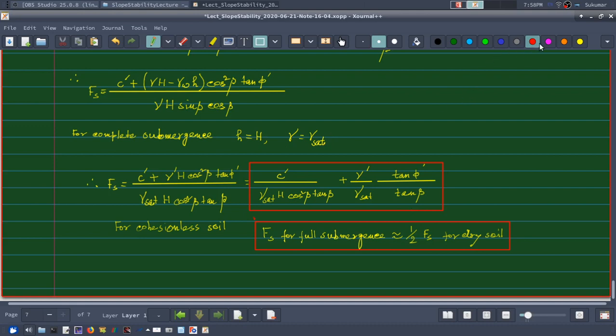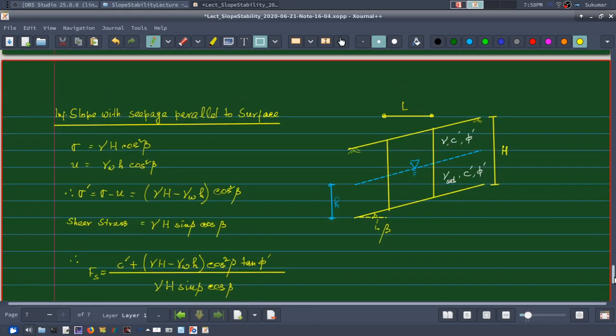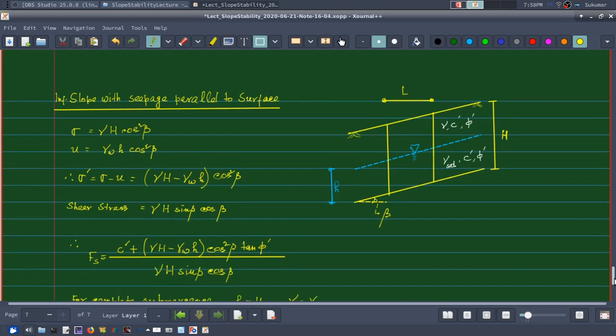So this is how we can see the change of factor of safety due to submergence in this infinite slope. Okay, so with this we come to the end of this lecture.